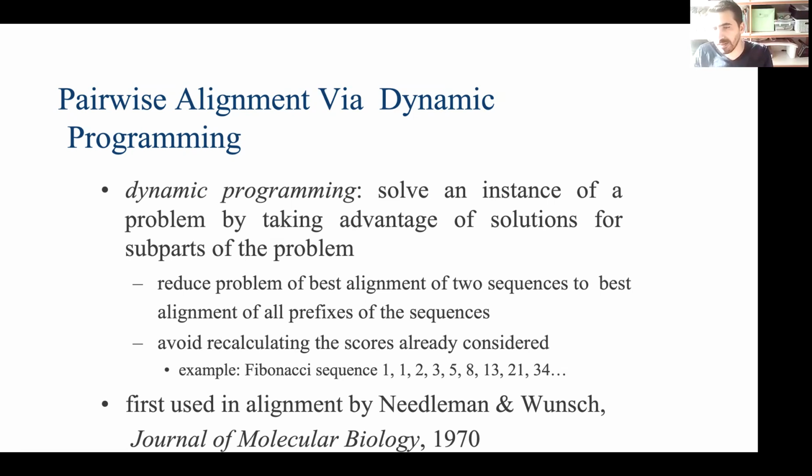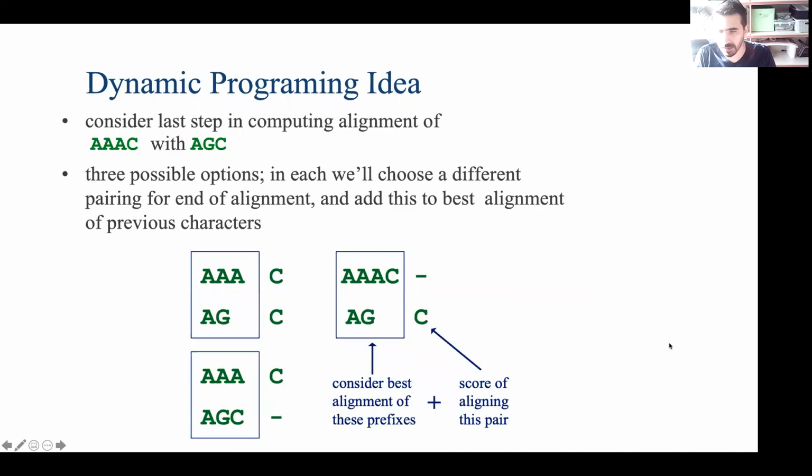Rather than searching the entire universe, which is impossible, you get a path by considering the most likely scenarios, and then you have a route there. We'll see an example, but this strategy was first used in Needleman-Wunsch alignment, which is pairwise sequence alignment.